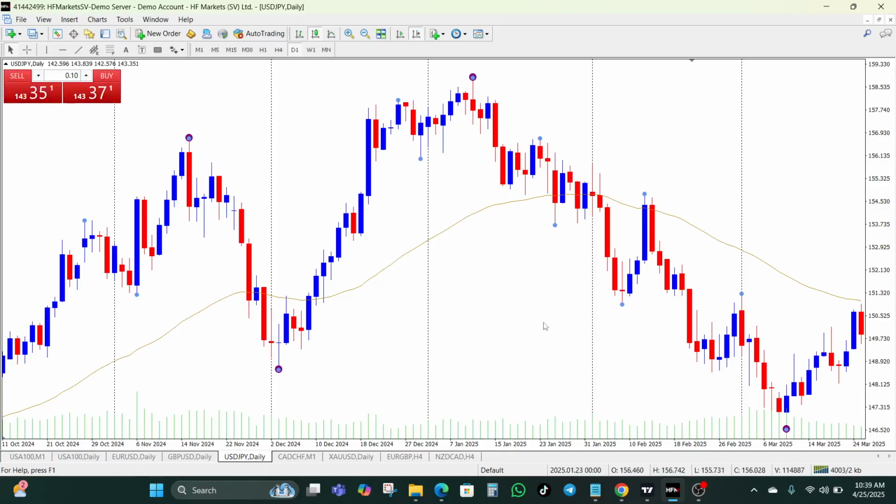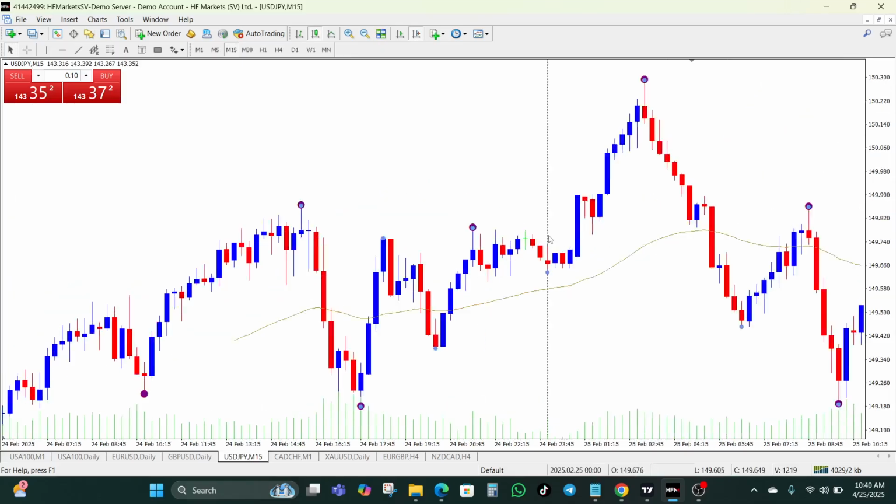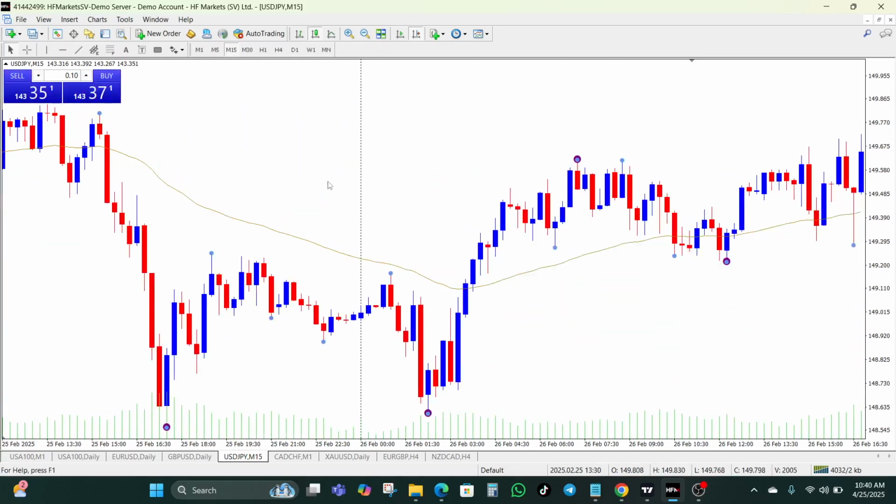Now let's talk about the added features that make the tool more reliable. That's the moving average that is built into the indicator. The moving average works as a signal confirmation filter. In volatile market conditions where price can whip back and forth unpredictably, this moving average helps you stay grounded.